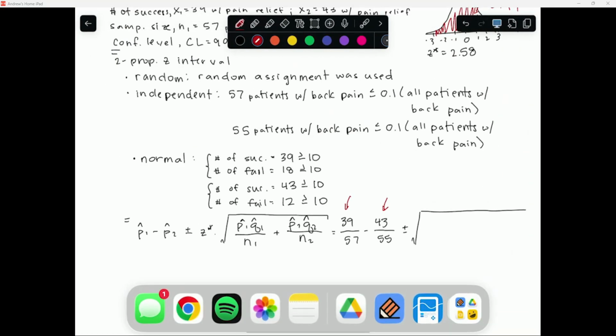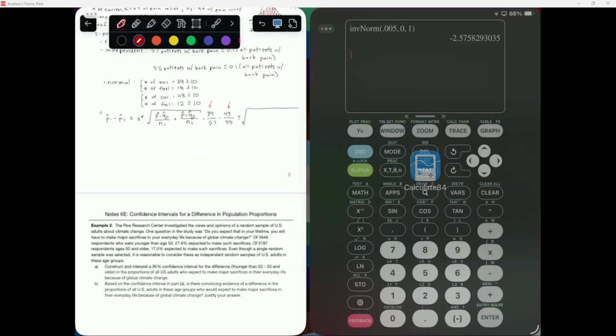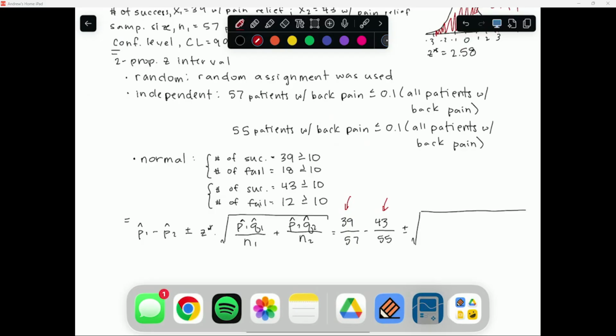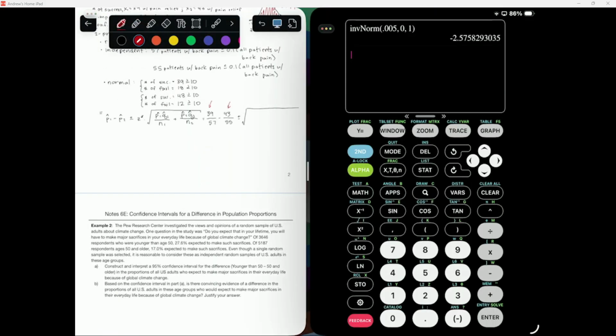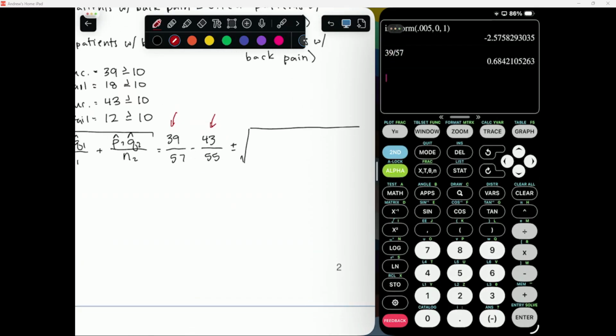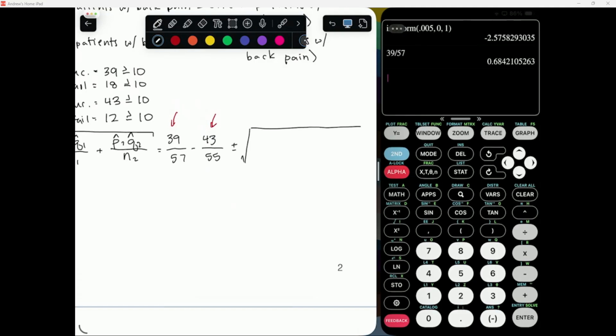Technology is not always my friend. There we go. So we want 39 out of 57. So for that first proportion, we're going to have 0.68.